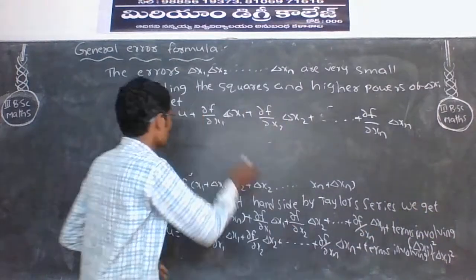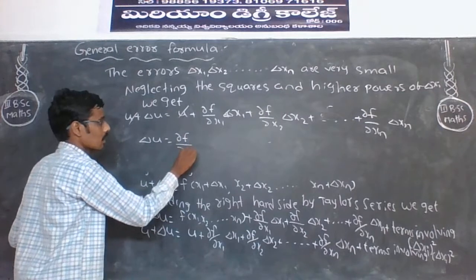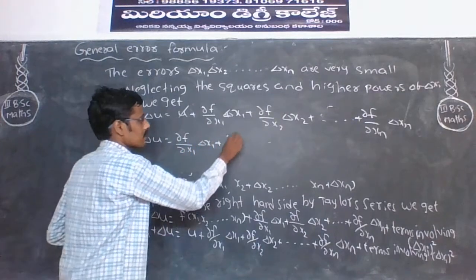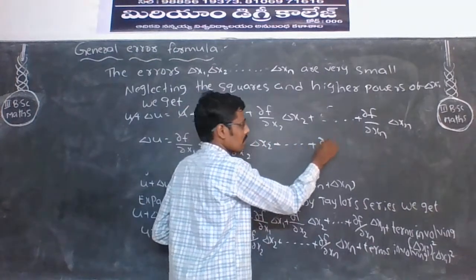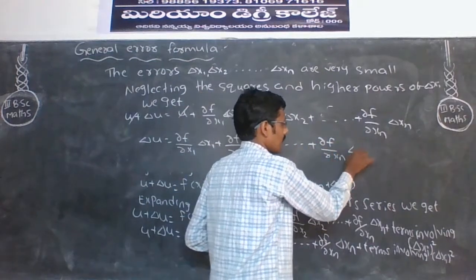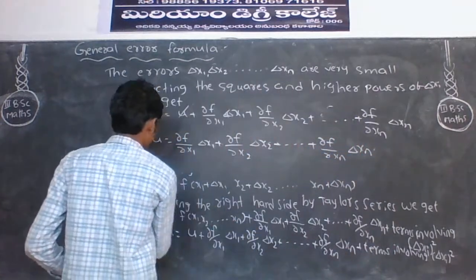So u cancels, therefore delta u is equal to dou f by dou x1 delta x1 plus dou f by dou x2 delta x2 plus and so on, dou f by dou xn delta xn. This is delta u.